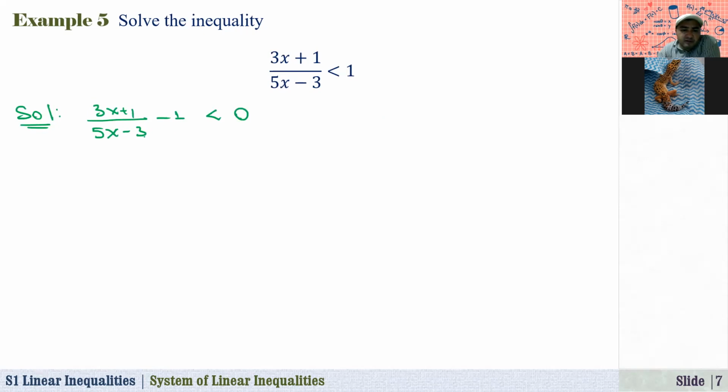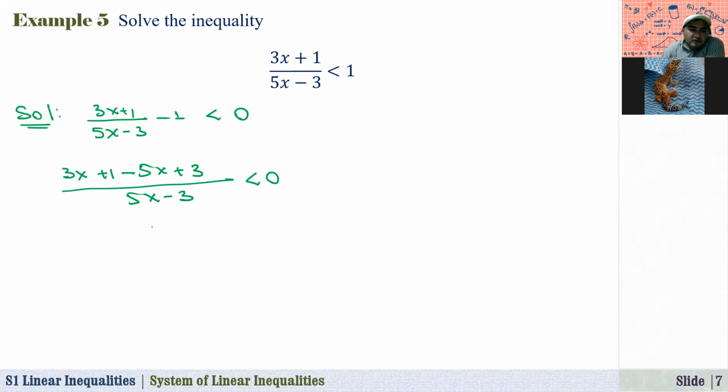Now let me bring this into a single fraction. If the common denominator is 5x minus 3, here we have 3x plus 1 minus (5x minus 3) over 5x minus 3, less than 0.